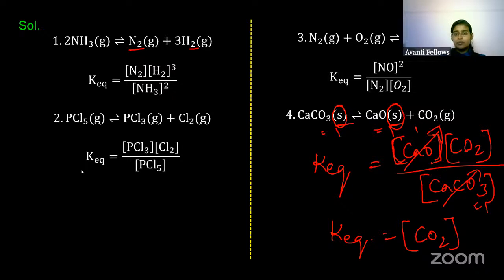If you're having a pure solid or a pure liquid, then in that case, you should not take the active mass of those substances. Clear? Roshan, your answer is correct only. But after substituting the value 1, we will get only the concentration of carbon dioxide. Clear?